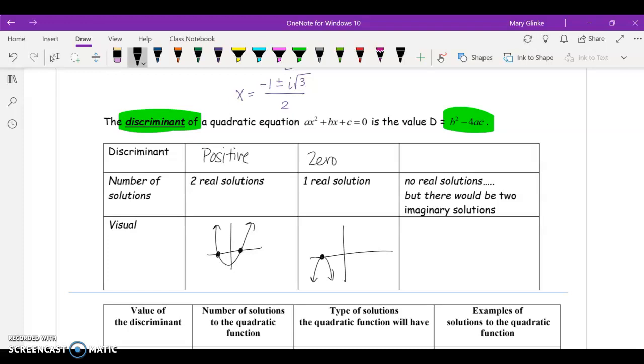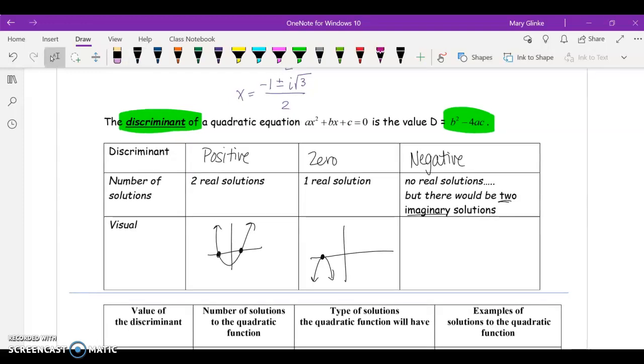In our last example, example 3, we had a negative discriminant. With our negative discriminant, we didn't get any real answers, but we did get 2 imaginary solutions. So visually what that looks like is you would have a graph and your quadratic would not cross the x-axis at all because those ones would give you the real solutions.